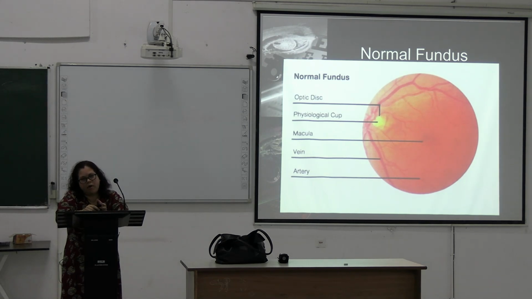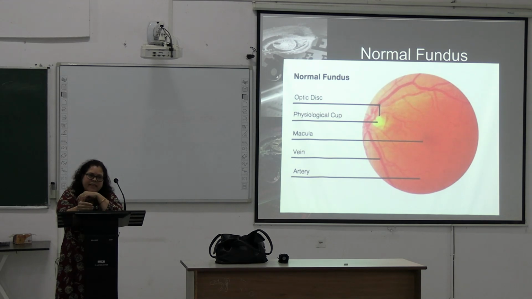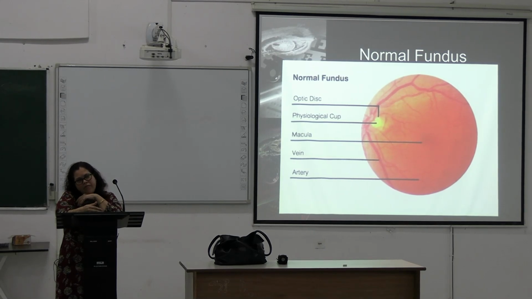The iris and the ciliary body, with relaxation and contraction of the ciliary body to focus any object. This is called accommodation. And when we dilate with cycloplegic drugs, then accommodation is lost. Then the patient is not able to see near objects, and there is blurring of vision.